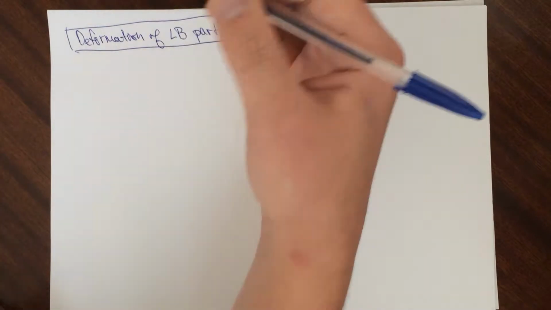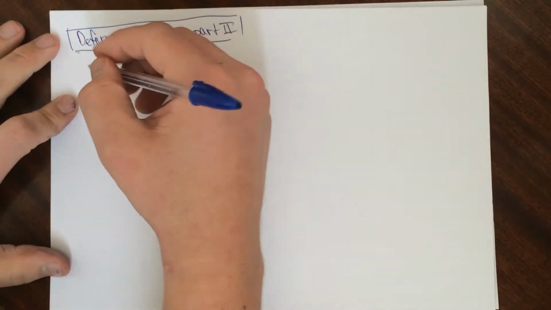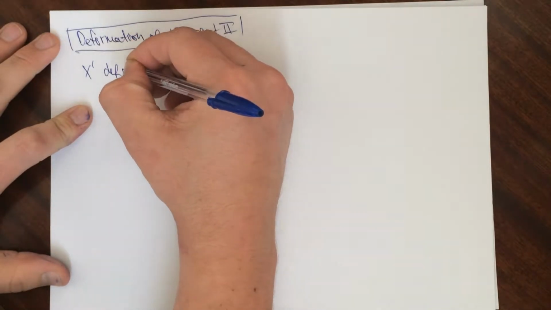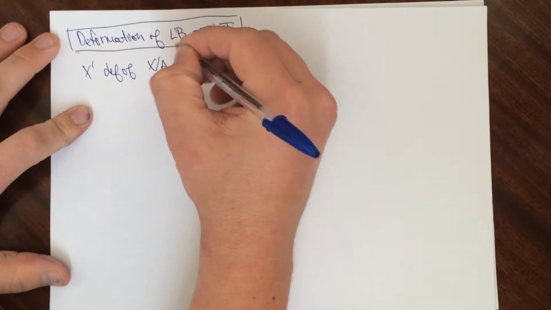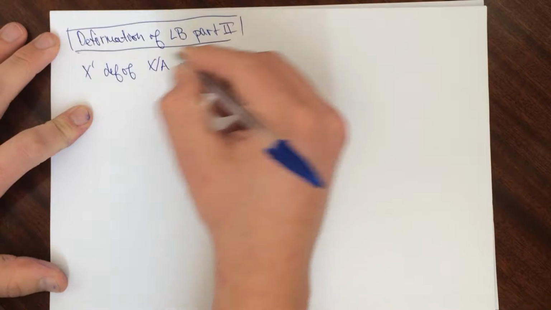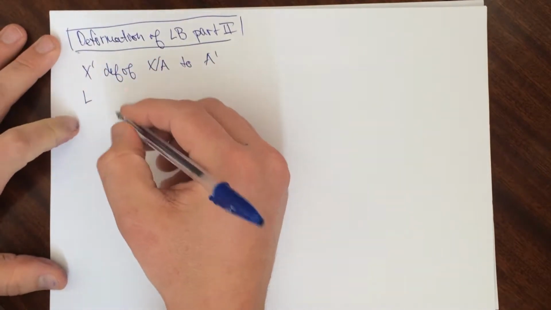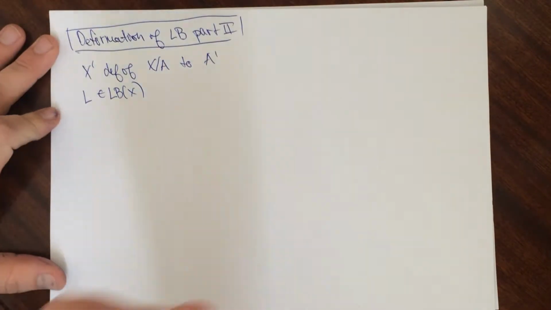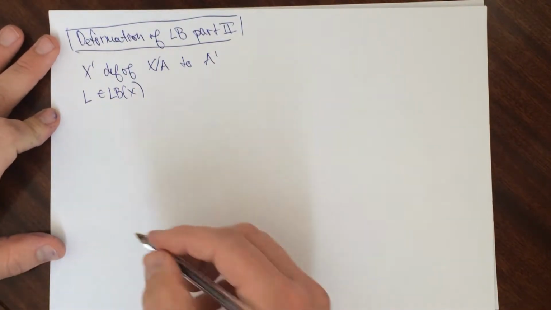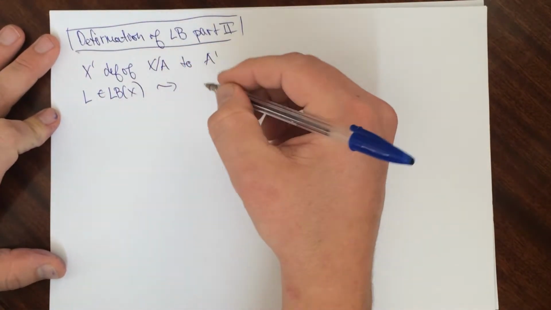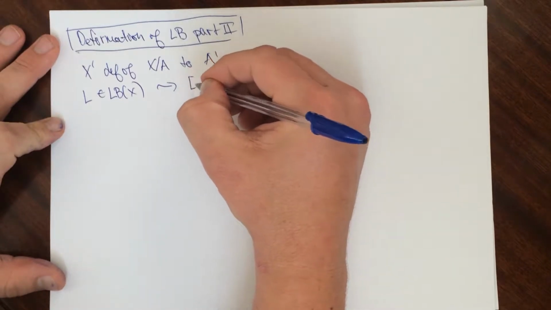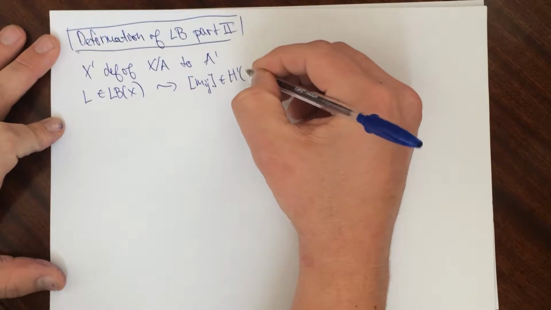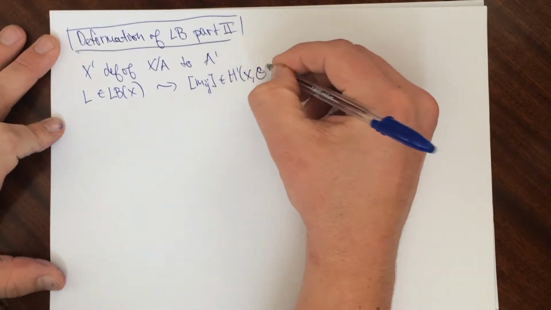So it's important. Okay, so as in the previous video, we had this X prime, which was a deformation of X over A to A prime, and then we had a line bundle on X. Okay, and in the classification of line bundles, we associate this to some cohomology class Mij in H1 of X, O star.